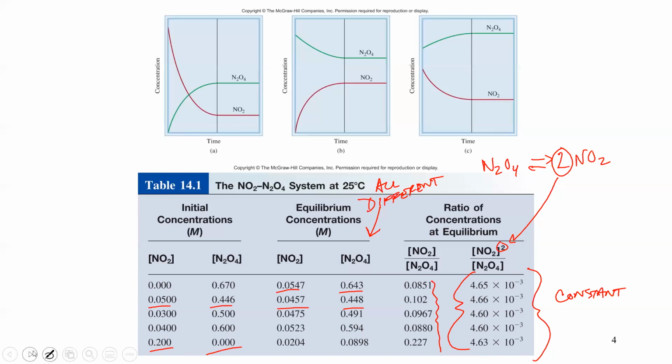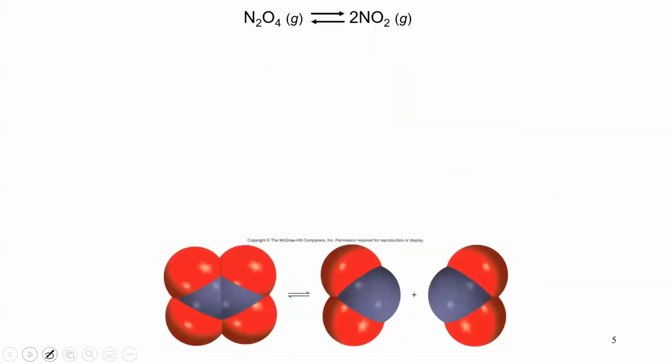Again, we're going to look at the same reaction, N2O4 going to 2NO2. In chapter 13, we talked about little k, and little k was the rate constant. In chapter 14, we're going to talk about big K, and big K is the equilibrium constant. And so big K is equal to, we saw on the last slide, the concentration of NO2 squared over the concentration of N2O4.